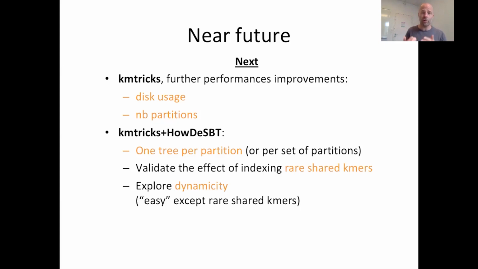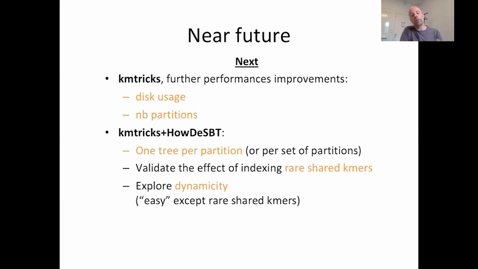But in practice, if we look only to the algorithmic point of view, this is not that difficult to add new datasets or new batches of datasets, because as we saw on the results, once we have the Bloom filters, the last steps of constructing the tree of the final GSBT data structure is not that long.